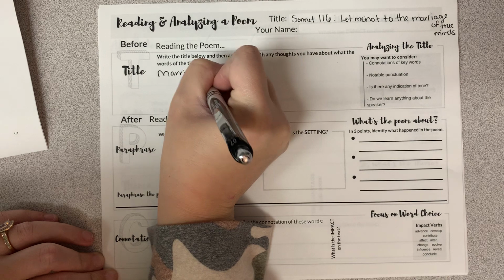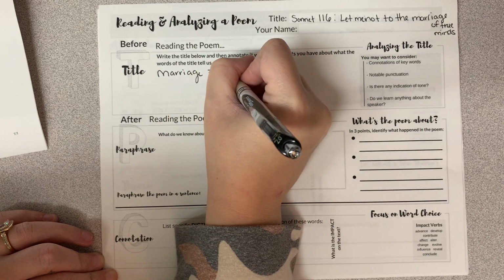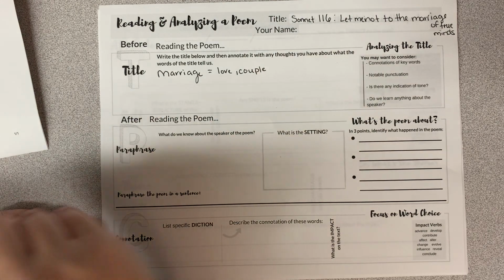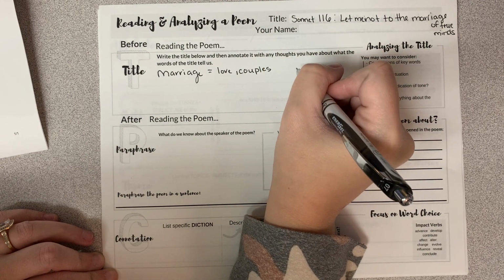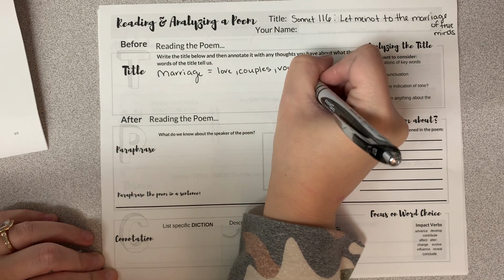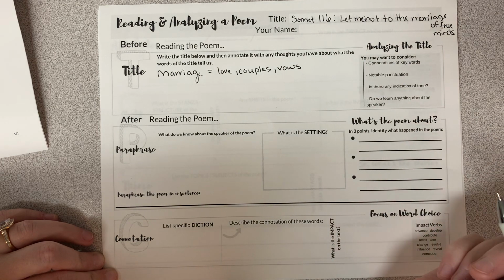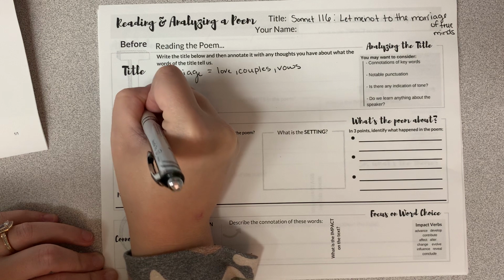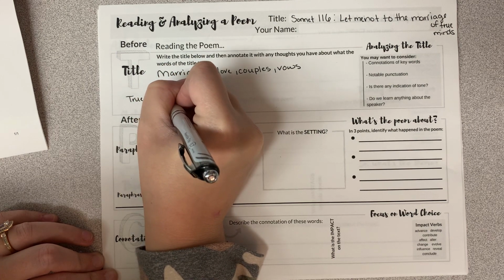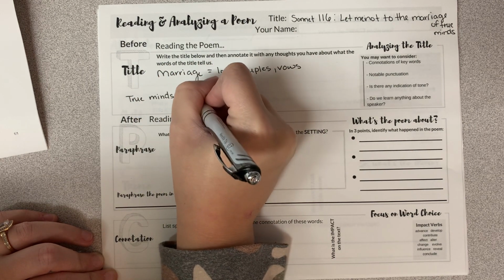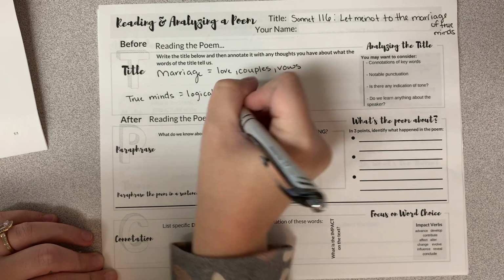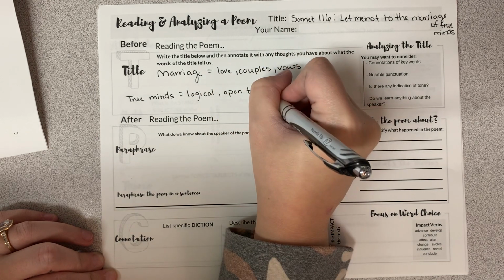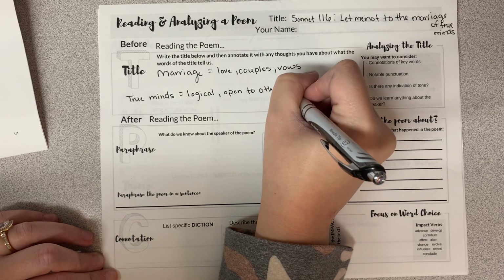And when we think of marriage, we usually think of love, we think of couples, we think of vows, all those kind of good things. And then true minds, what might that mean? If we think about true minds, maybe we're thinking of people who are logical, maybe who are open to others' views.